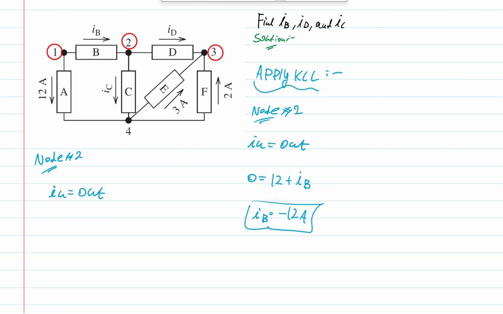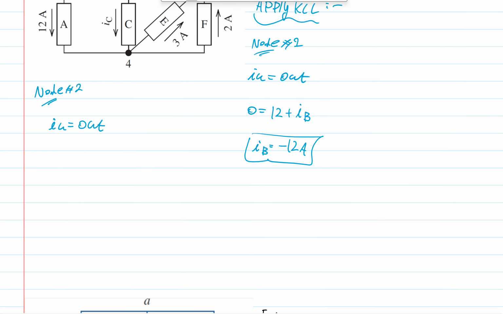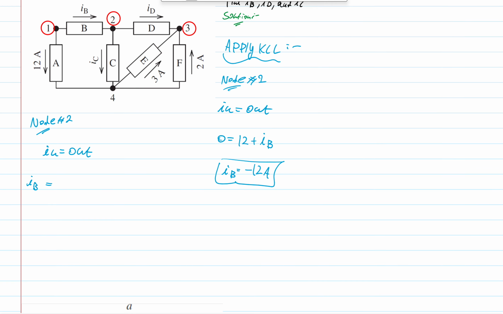So we'll just write the equation now. IB is equal to negative, wait. Let's just find node number 3 first, then we'll go back to node number 2.